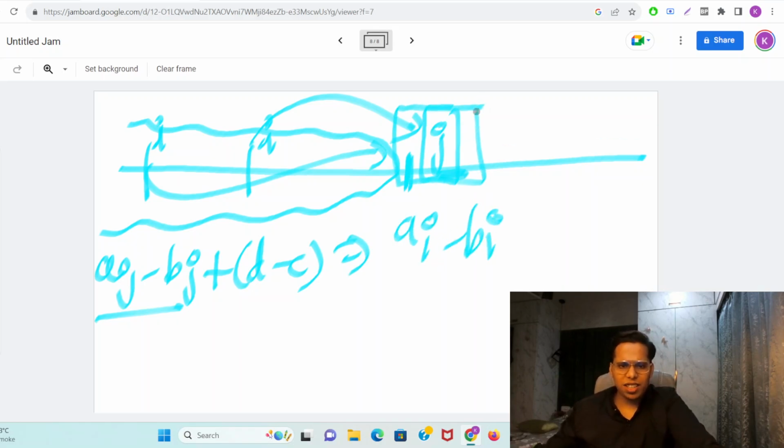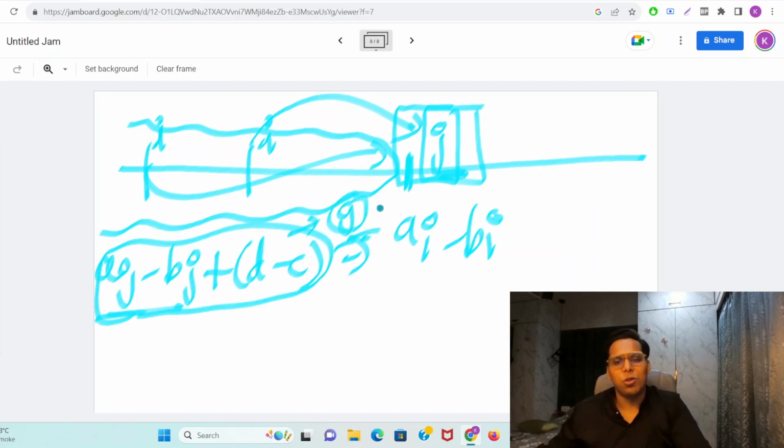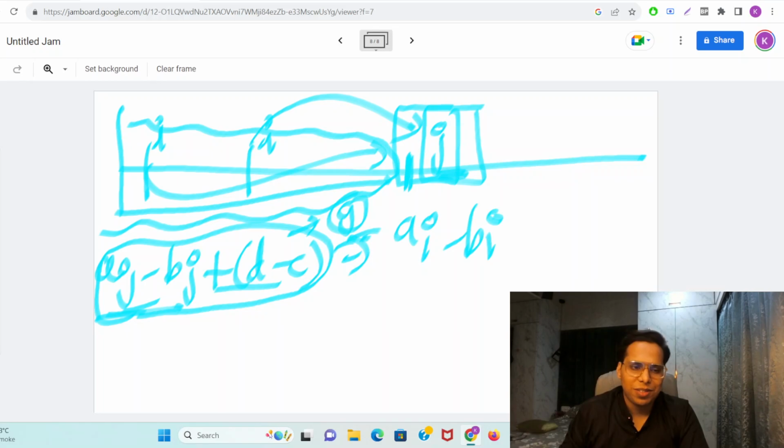So at index J, you just calculate this value, AJ minus BJ plus D minus C. Let's say this is equal to G. You know AJ, you know BJ, you know D minus C also. So you just need to know how many times G is coming from index 1 to index J minus 1.